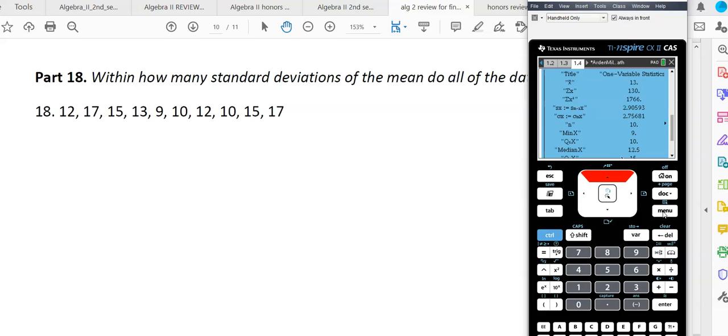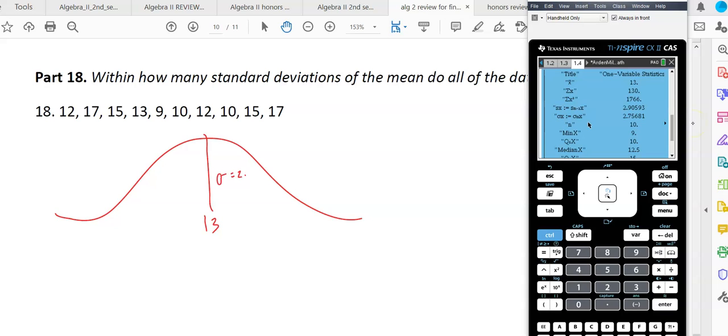So one way is just to draw it like this, like we like doing. So the mean is exactly 13, that's nice. Standard deviation is 2.8. I'm just going to round it to 2.8. So I'm going to add 2.8 to get 15.8. Keep going, a couple more standard deviations in each direction.